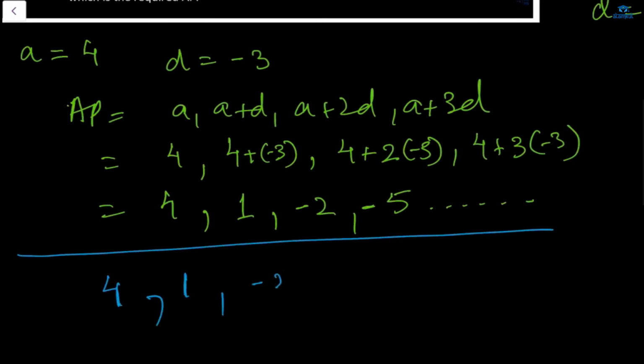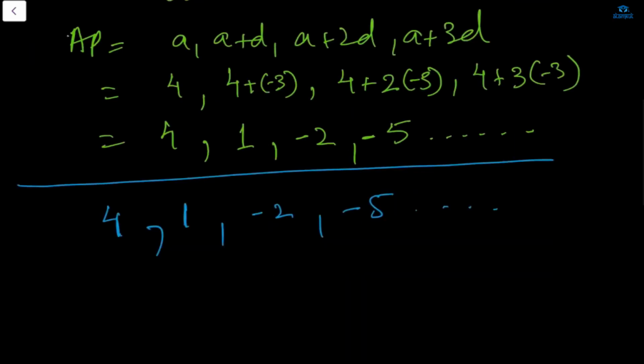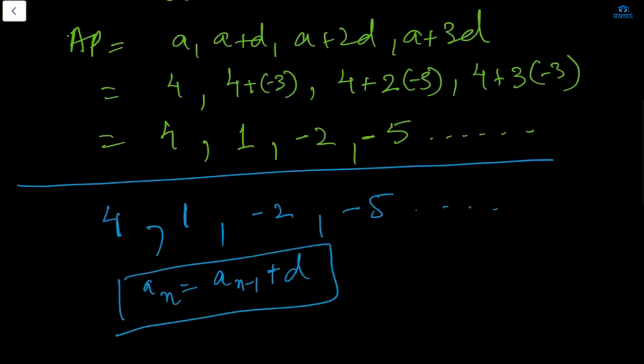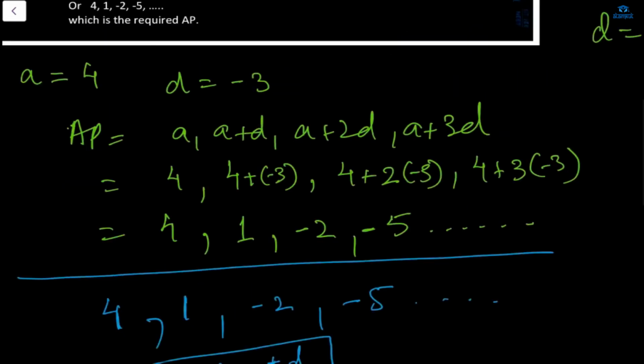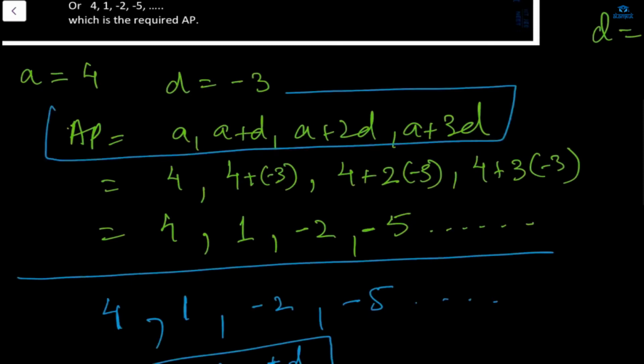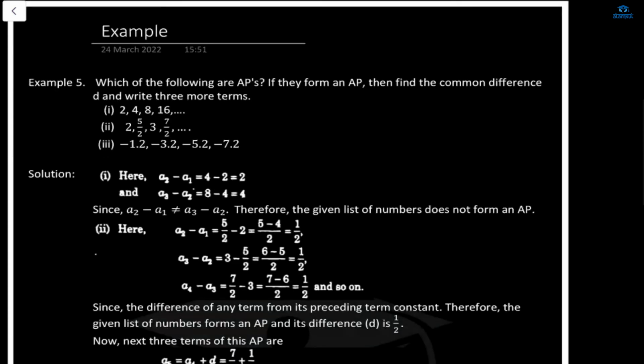From minus 2 you subtract minus 3, so you'll get minus 5, and so on. Understood? A general term in an AP: AN is equal to AN minus 1 plus D. Follow this and find out all the terms. But if you need to find the AP, you can just take this as a general AP and find it.